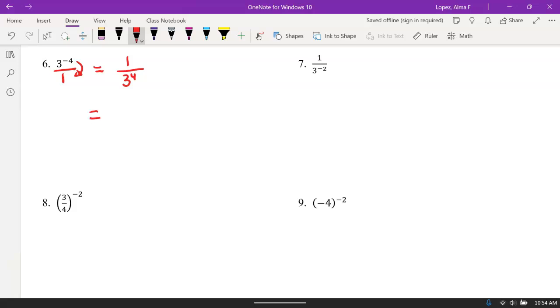And I can clean that up. The 1 will stay, and 3 to the 4th when I do the arithmetic off in the margin is going to be 81. Same thing on this guy. I'm going to move this 3 to the negative 2 up because he's telling me, hey, I'm in the wrong spot. So he becomes 3 to the 2nd up there over 1, which is just 9.